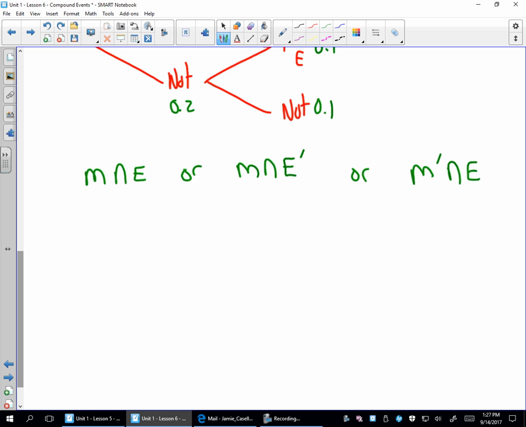There's 3 different situations. When I come across this idea of or, these are mutually exclusive. They don't have any effect on each other, so I've got to figure them all out separately.